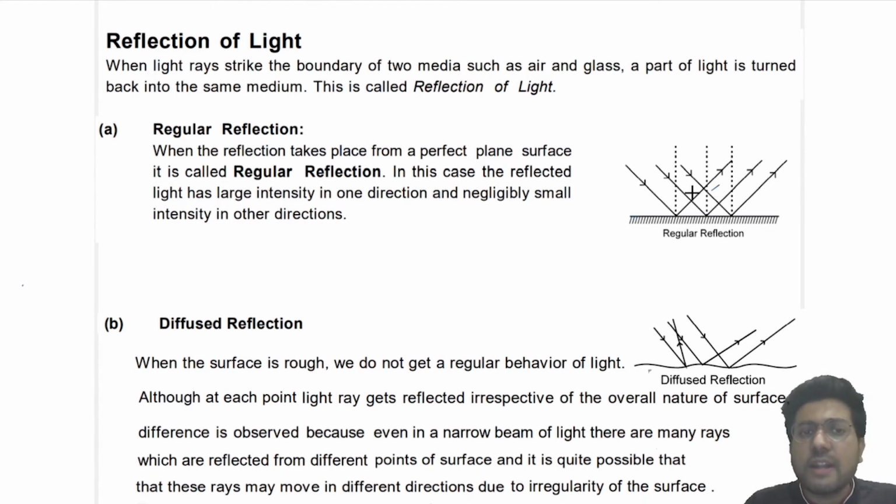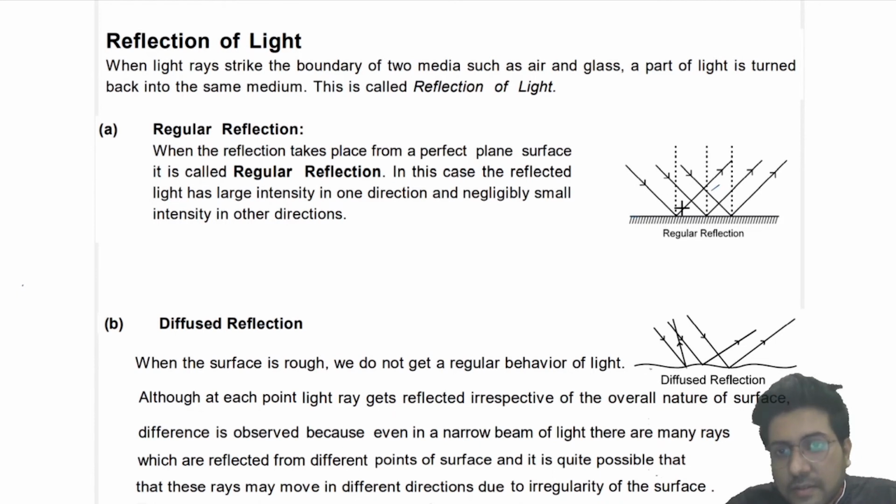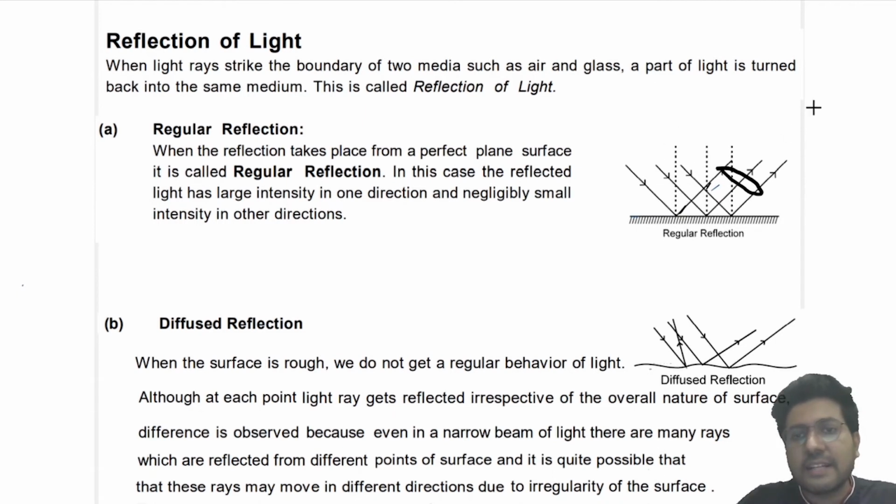Regular reflection is the reflection from a smooth polished surface. In case of a smooth polished surface, light after reflection goes in one direction only. So in this case the reflected light has large intensity in one direction only, and in other directions the intensity is very less.